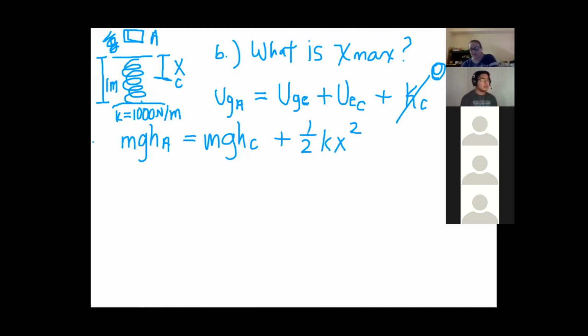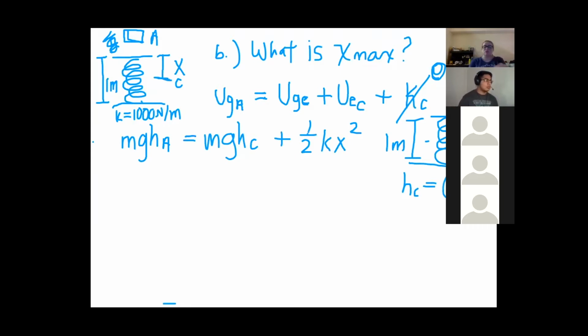So, for instance, if we've got the spring here, and the spring is 1 meter total, and it's compressed a certain distance x, this here is the height, the distance from the ground to where the spring is compressed. We can rewrite the height at C as 1 minus x.